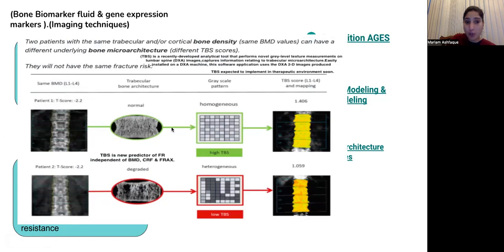One has a normal trabecular mass, showing homogeneous gray level texture measurements and a high TBS. The other shows a degraded vertebra, meaning a loss of trabecular mass and a low TBS, as shown in this picture.